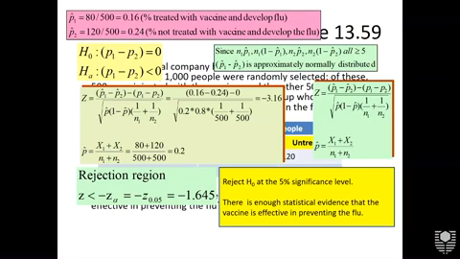N1 times P1 greater than 5 and N2 times P2 greater than 5, and N1 times 1 minus P1, N2 times 1 minus P2, that's the rest of the formula from here. That's a condition. So then we use the z, if you remember.